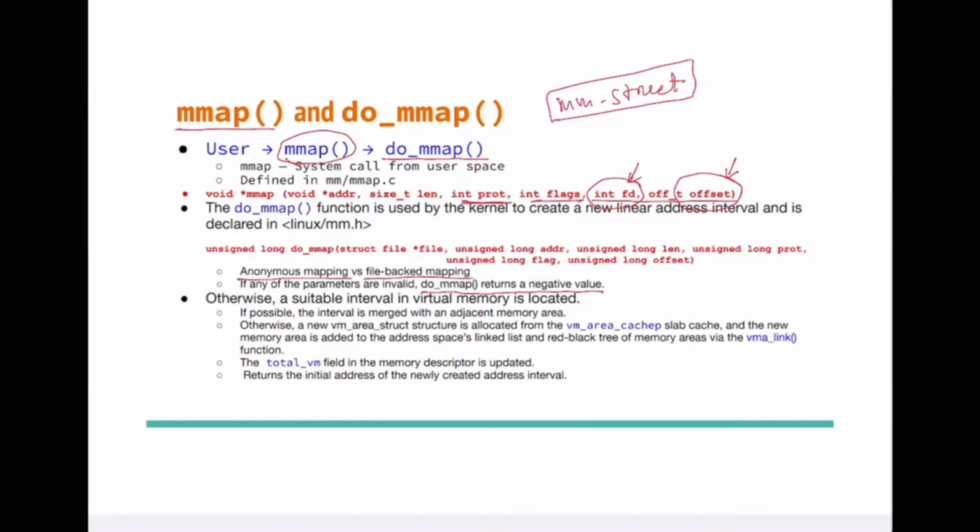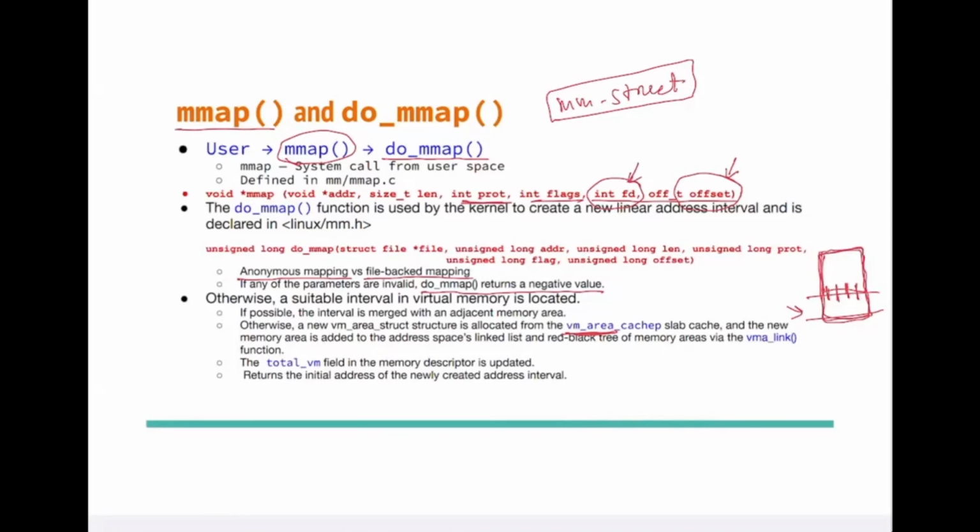And if it passes and allocates the virtual memory, then it will check if the newly allocated virtual area can be merged with the previously allocated memory area. If we have this memory area and this is the newly allocated memory area, and these are continuous and the permissions and other properties of both sections are the same, then it will merge them and make a single memory area for that particular process.